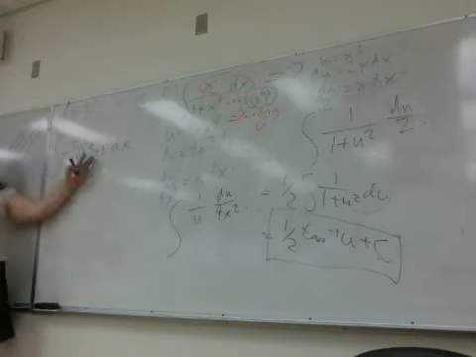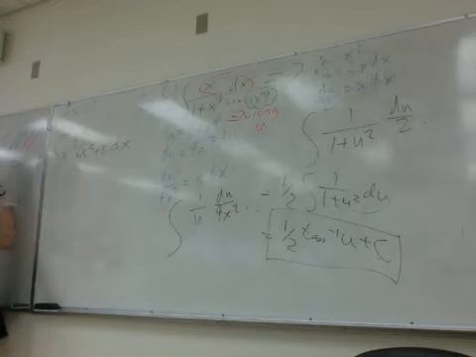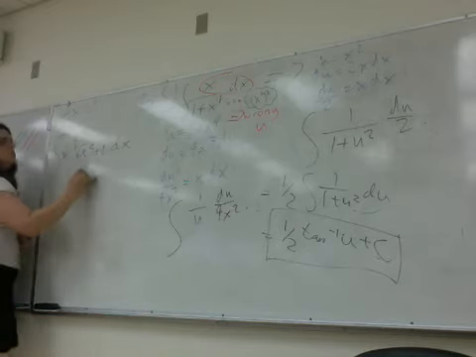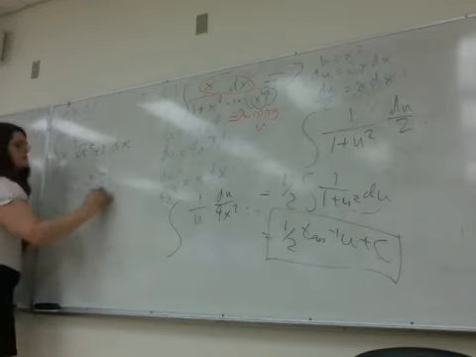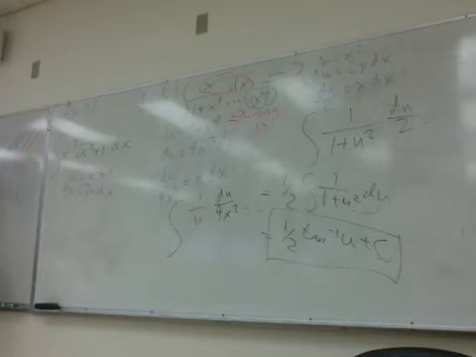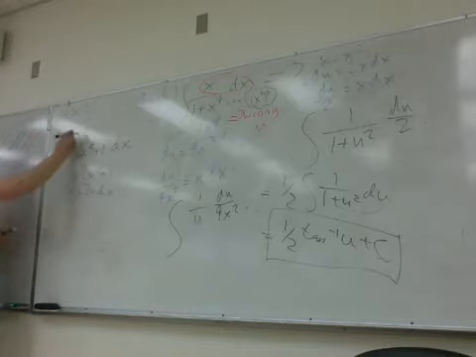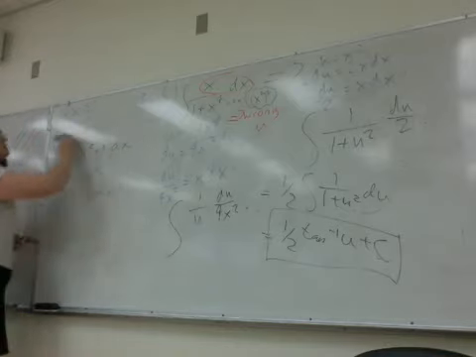We have one function inside another function. Whenever we have a composition of 2 functions, the u we should always try will be the inside function. Our du will then be 2x dx, right? The derivative of x squared plus 1 is 2x.